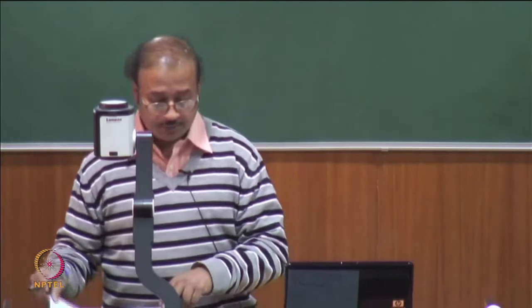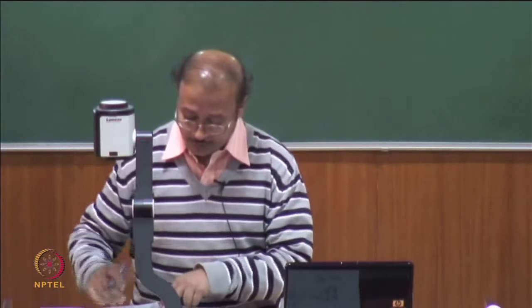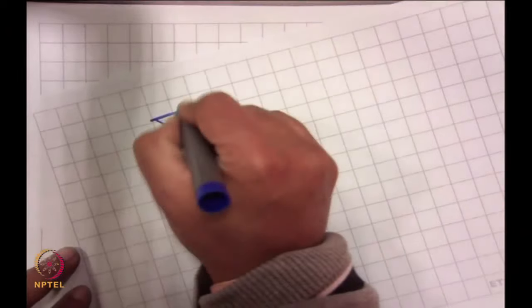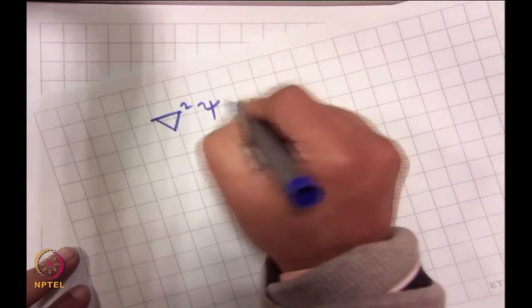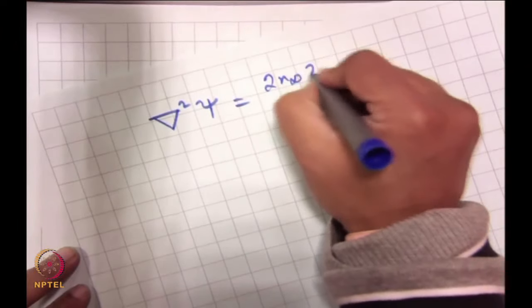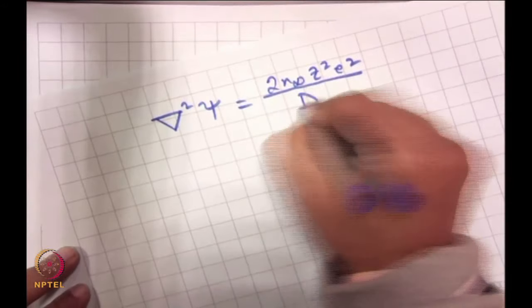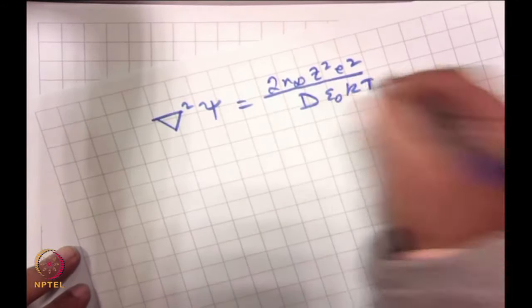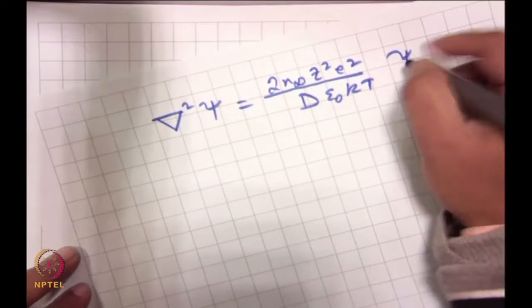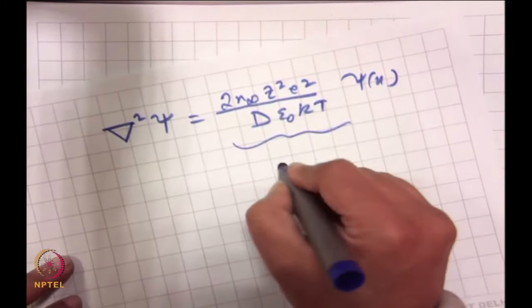On doing that, the equation we reached was del square psi is equal to 2 n infinity z squared E squared over d epsilon 0 k t, times psi of x.